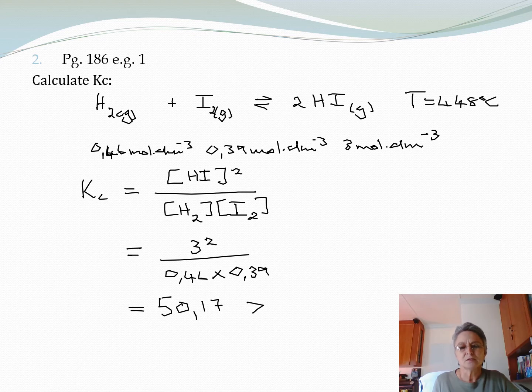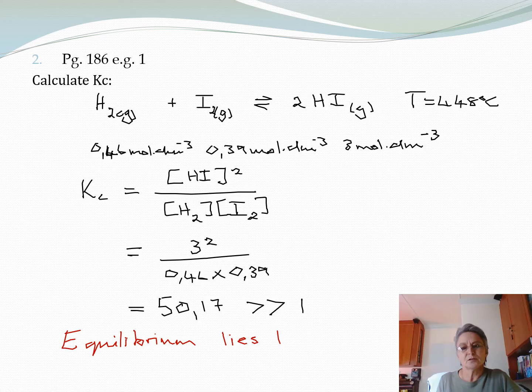This is much bigger than 1, so I can conclude here that the equilibrium lies to the right. At 448 degrees Celsius, most hydrogen and iodine will turn into hydrogen iodide. That's basically what it means.